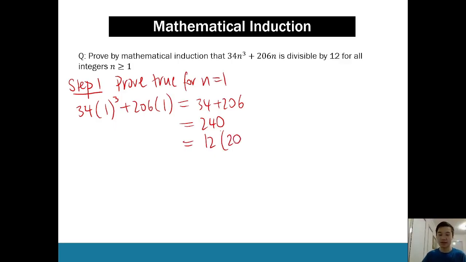So therefore, it's going to be divisible by 12. So we can say therefore divisible by 12 and therefore true for n equals 1.